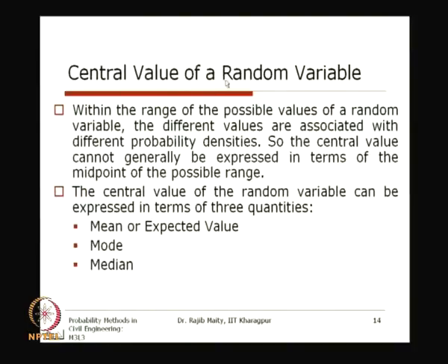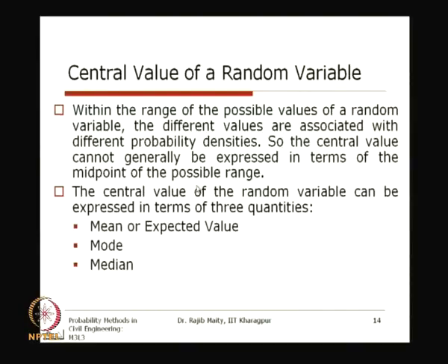The central value of a random variable. Within the range of possible values of a random variable, the different values are associated with different probability density. So the central value cannot generally be expressed in terms of the midpoint of the possible range.